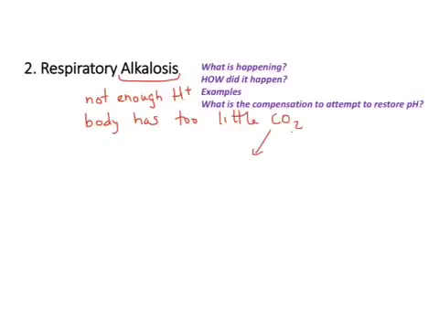And how do we get too little CO2? Do we basically hold our breath and hypoventilate, or do we experience hyperventilation? Well, so hopefully if you're paying attention and working this through, you'd say, well, if we hyperventilate, we would exhale more CO2 than normal. We're reducing the PCO2 in the body. Don't have enough free hydrogen, so the body is alkalotic.